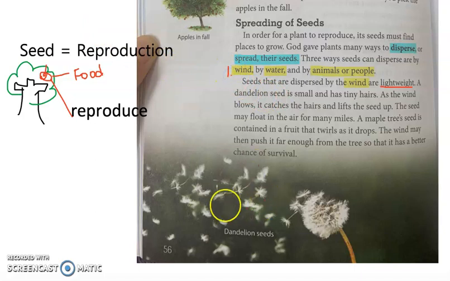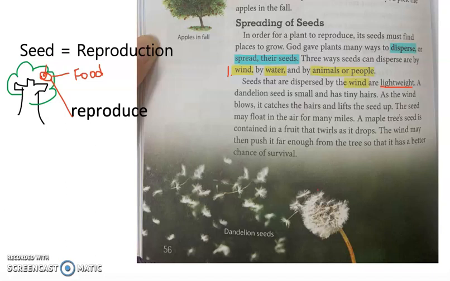And it's usually for the seeds that are very light, like dandelion seeds. So we call this a gray umbrella, and sometimes we see this. We usually find this during the spring season or even the summer season.